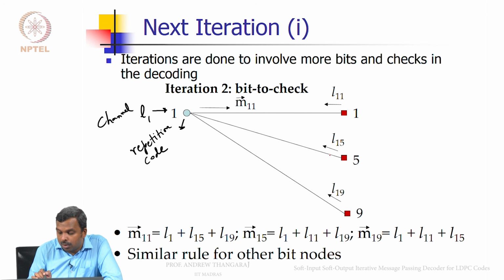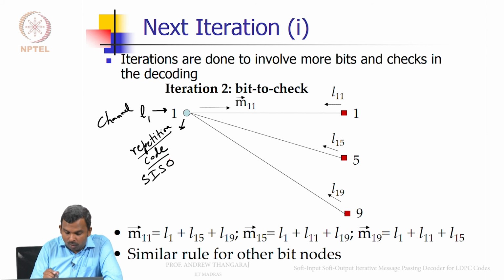Likewise, it is coming through check node 5, with LLR L15, and through check node 9 with the belief L19. You are getting 4 different beliefs, all for the same bit, so you actually have a repetition code. What you need to implement here is a SISO for a repetition code. That is the very neat way in which the simple SISO decoders for the repetition code and the SPC code work together.